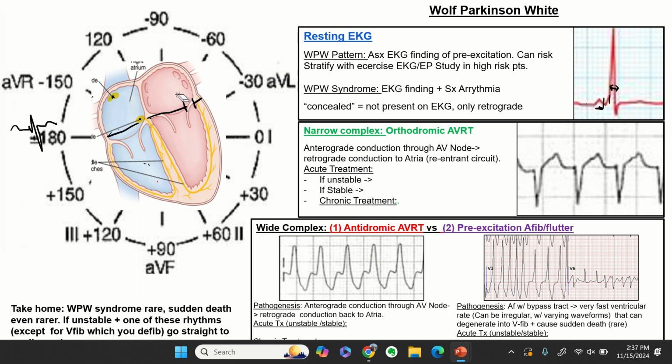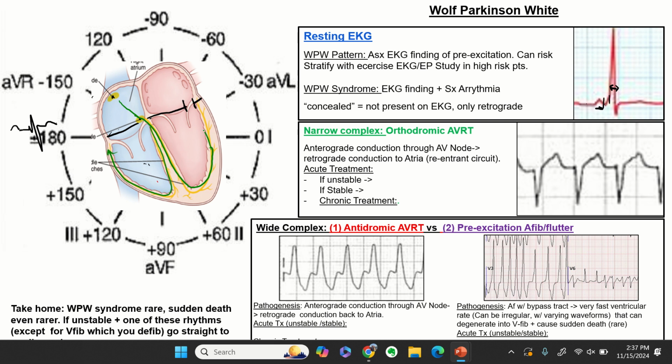So what is orthodromic AVRT? So this is going to be our first one. Orthodromic AVRT starts off with normal conduction. Patients will go through the AV node. They'll go down the His-Purkinje system both ways, creating a very narrow complex.